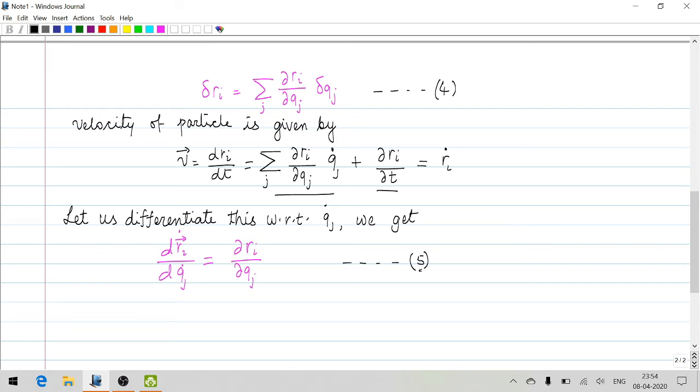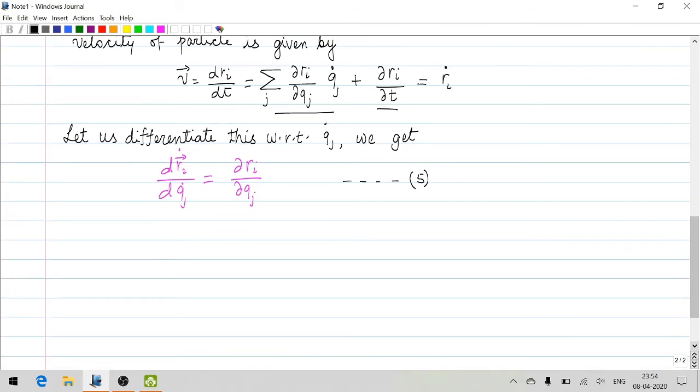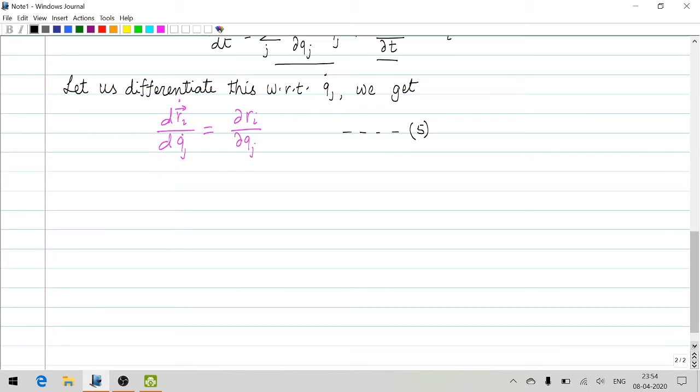Now let us go back to the D'Alembert equation. So we have now converted all positions and velocities into the generalized coordinates. Now let us see how we can transform the D'Alembert equation into the generalized coordinates. So D'Alembert's principle, I rewrite once more.